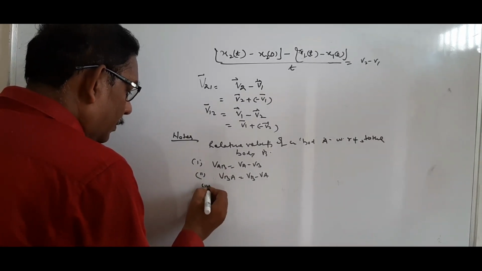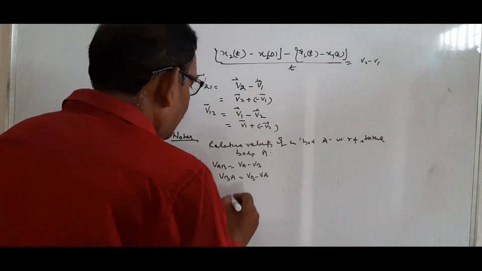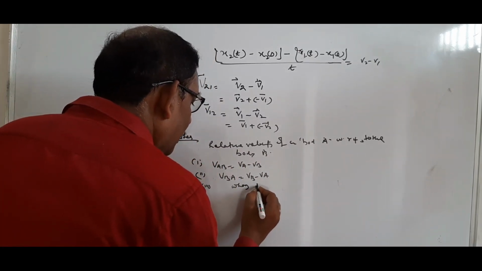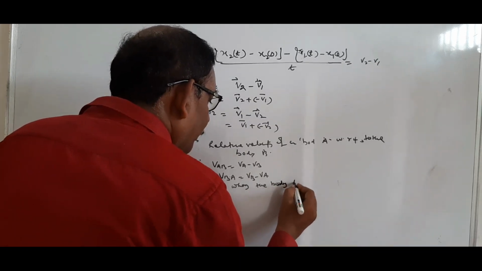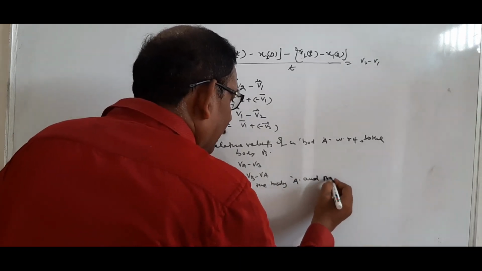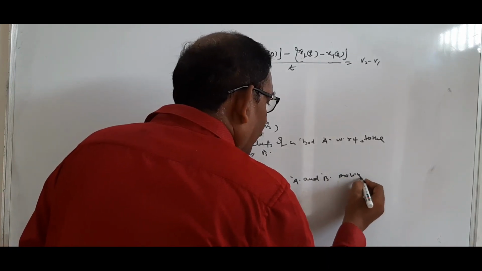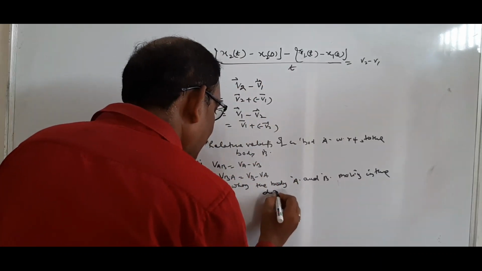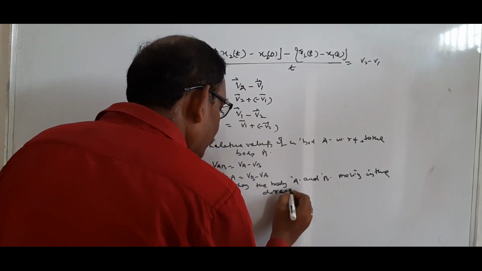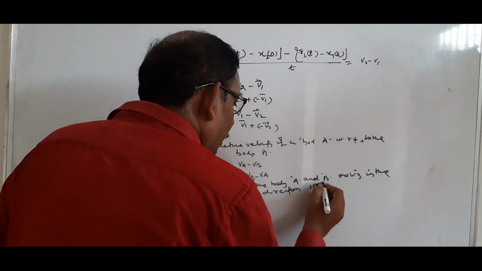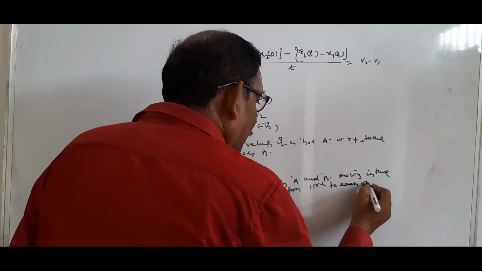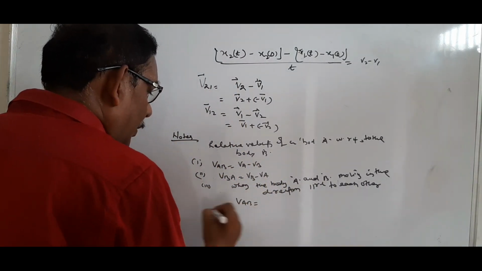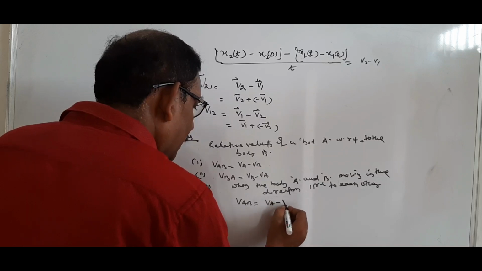Third one: when bodies A and B are moving in the same direction, parallel to each other, then the velocity of A with respect to B is vA minus vB.